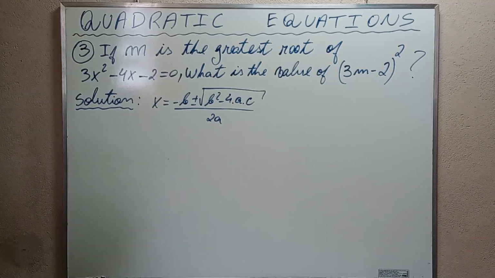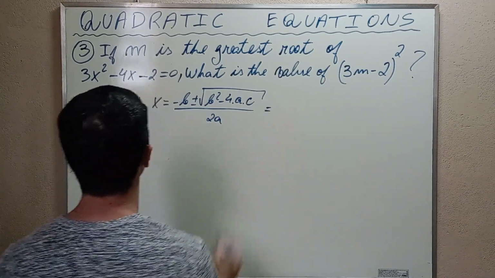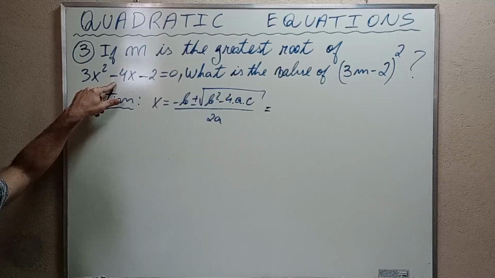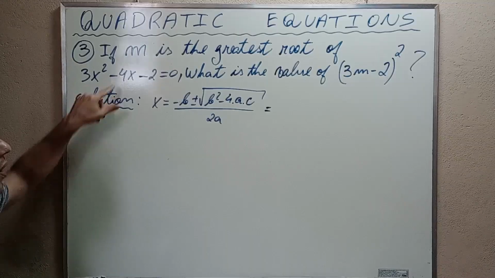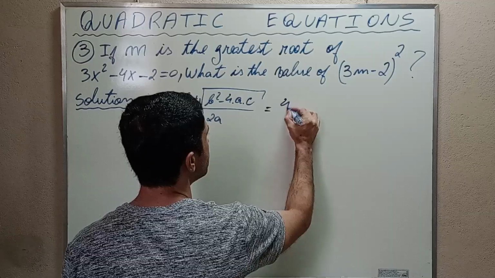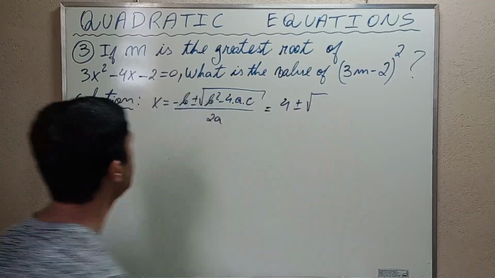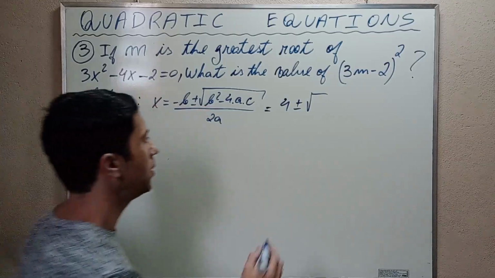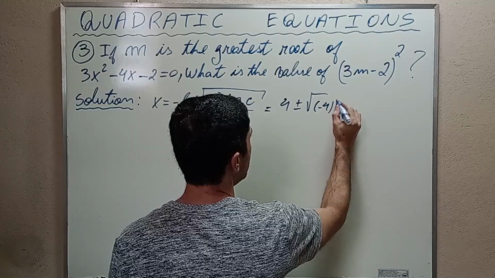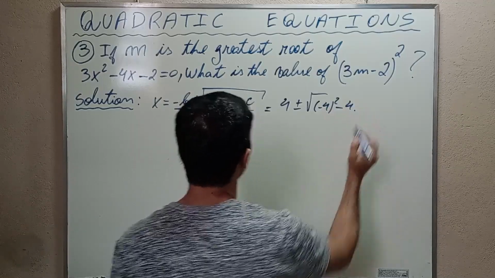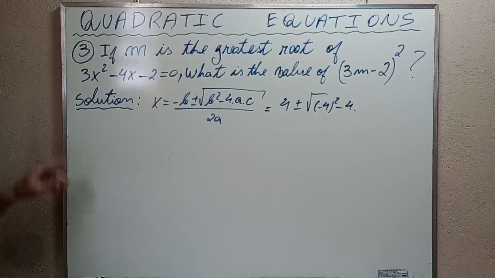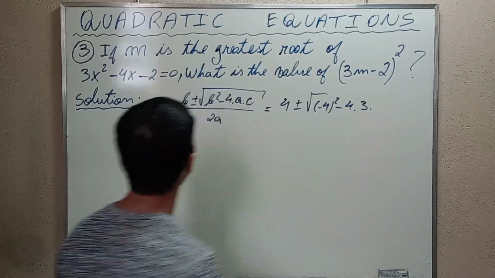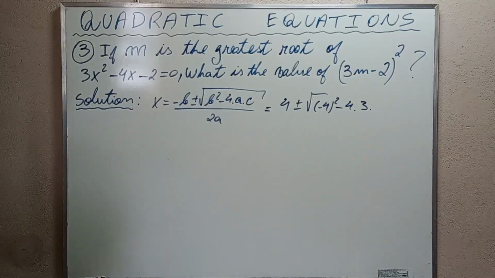For this expression, x is equal to negative b. b is negative 4, negative 4 is positive 4, plus minus the square root of b squared. b is negative 4, then negative 4 squared minus 4 times a. a is 3, times c. c is negative 2.